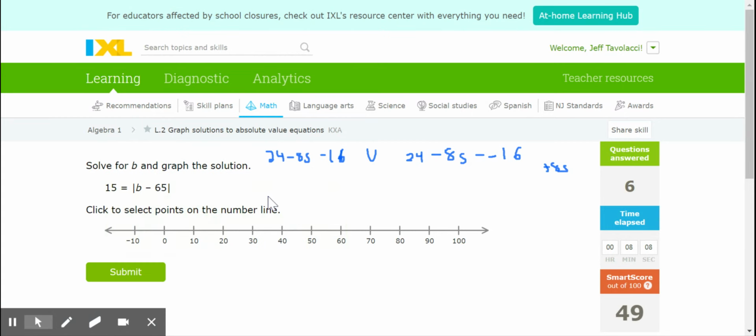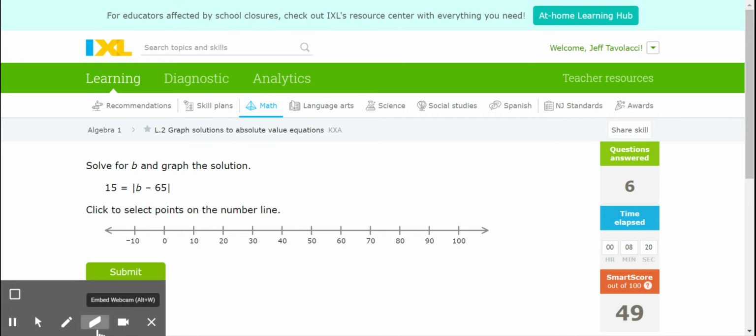All right, we've got absolute value of b minus 65 is equal to 15. Okay, so we're going to set up the positive case.